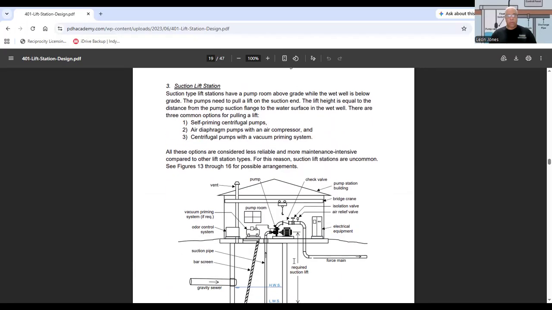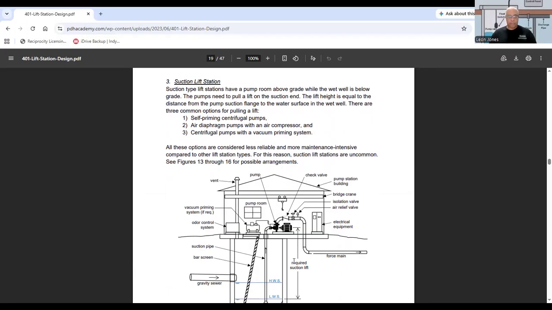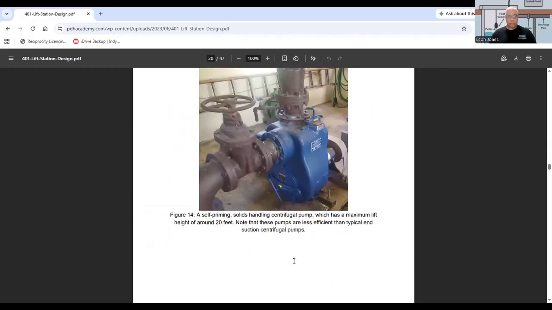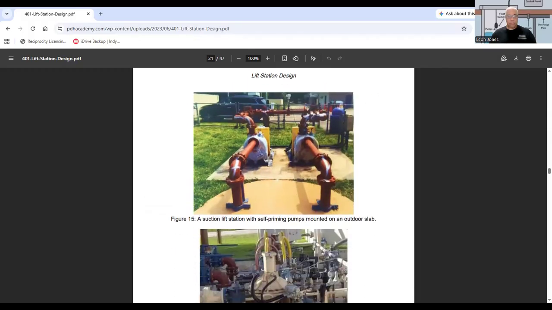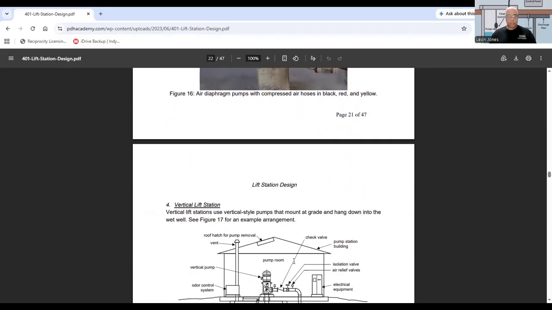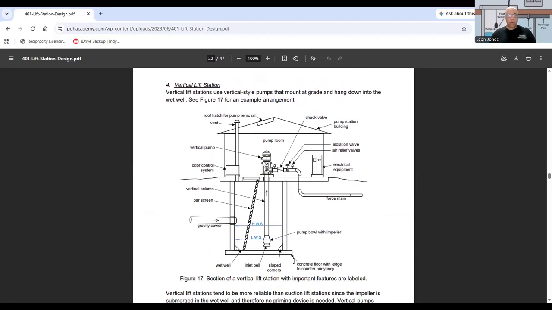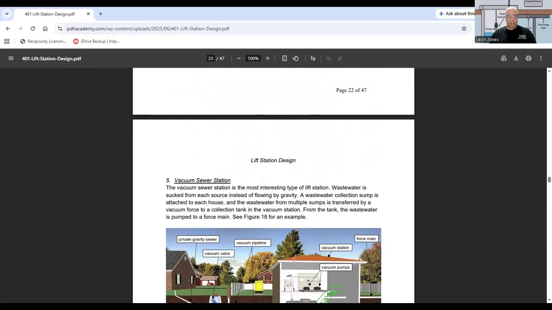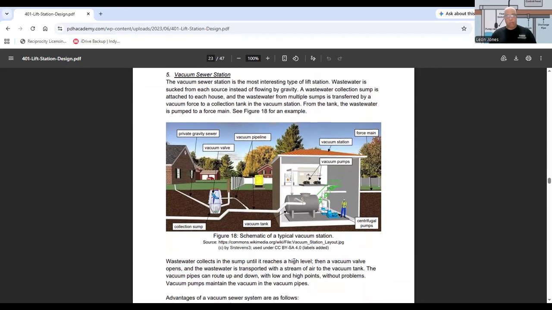Three, you have your suction lift station. Four, you have what we call a vertical lift station. And five, you have your vacuum sewer station.